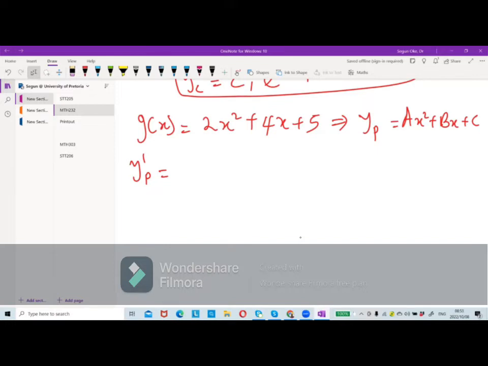What is yp? That will be yp prime. Anybody to differentiate this with respect to x? No, this is not gx.